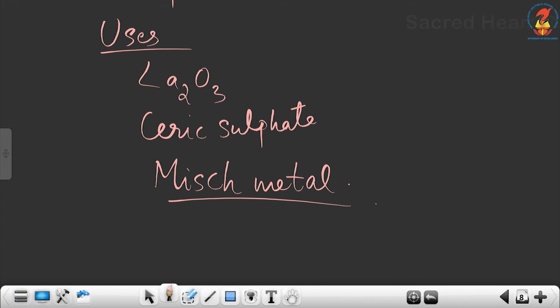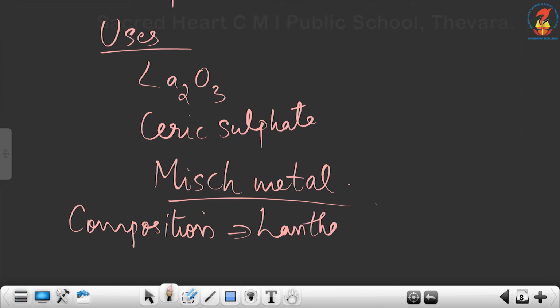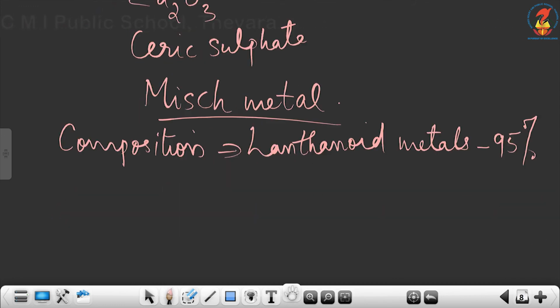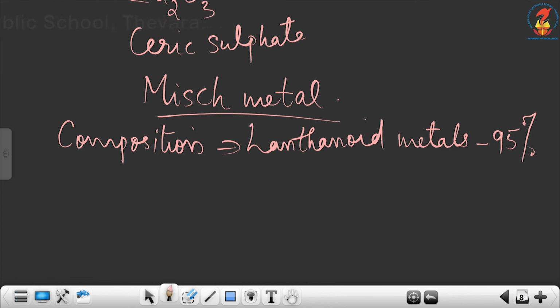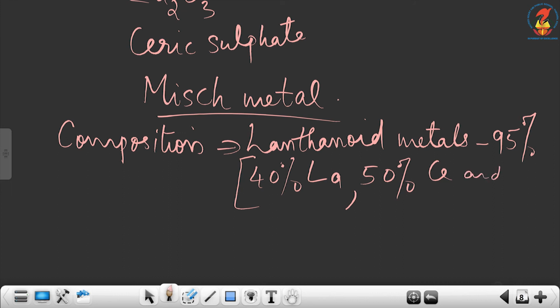Mish metal is a magnesium based alloy, and it contains 95% lanthanoid metals, meaning about 40% lanthanum, 50% cerium and the rest other lanthanoids.